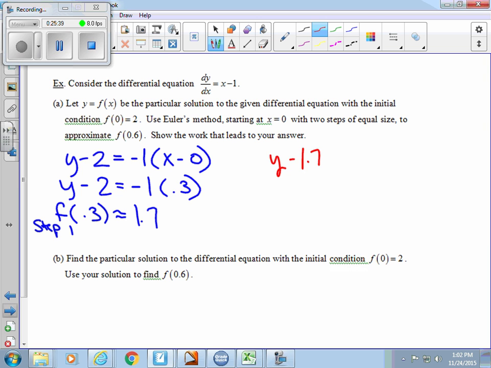y minus 1.7 equals the slope. I'll have to find that out. Times x minus 0.3.